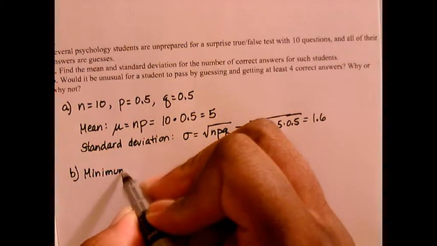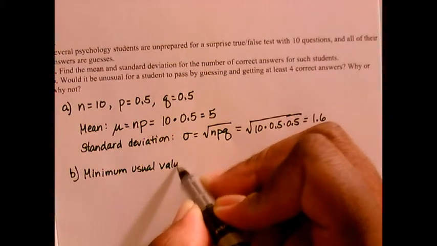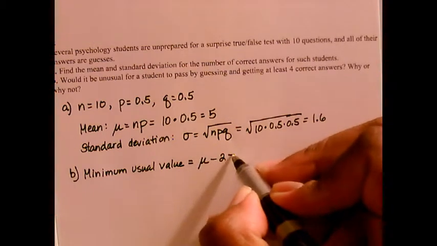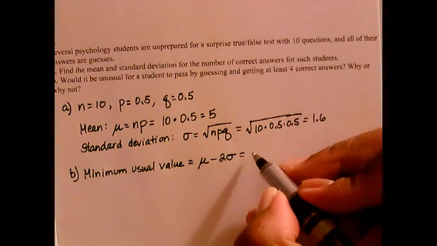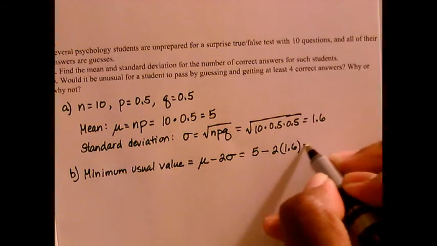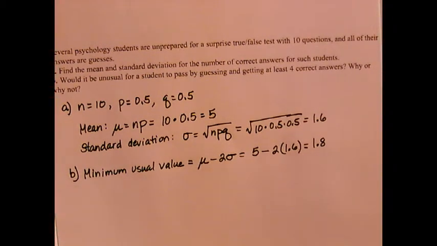Well, we need the minimum usual value and the maximum usual value. The minimum usual value is going to be mu minus 2 times sigma, or in this case, mu is 5, so it'll be 5 minus 2 times 1.6, and that's going to end up being 1.8.